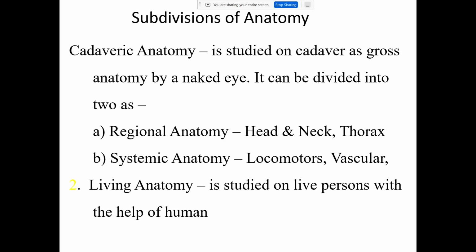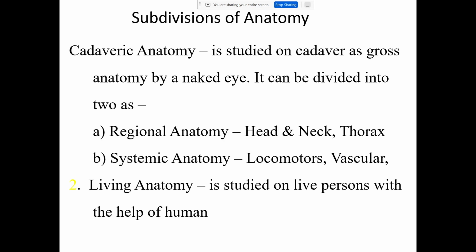On that base, the divisions of anatomy, first we are based on cadaveric anatomy. Then cadaveric anatomy, how we are going to make it in two subdivisions: regional anatomy and systemic anatomy. So what is the regional anatomy?